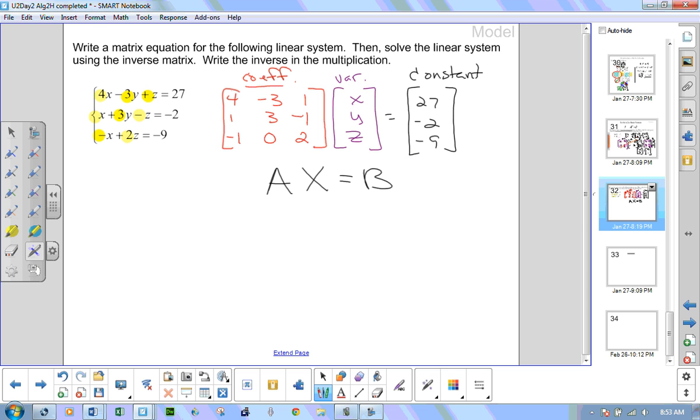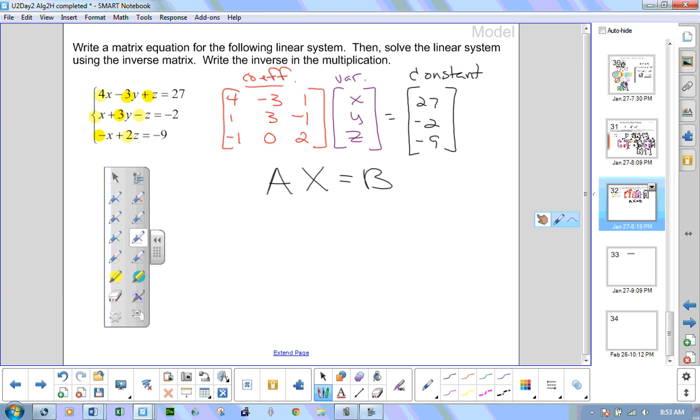Well, from there, we've seen that if we can just find a way to multiply by the inverse, and I'll put that in orange, on both sides, it would allow for us to be able to say that the inverses will cancel each other, and then the equation is hence solved.